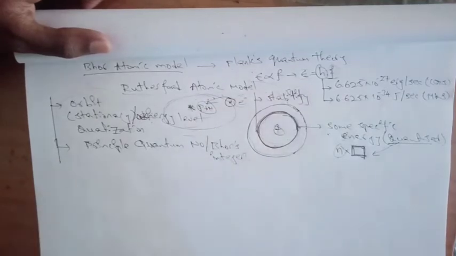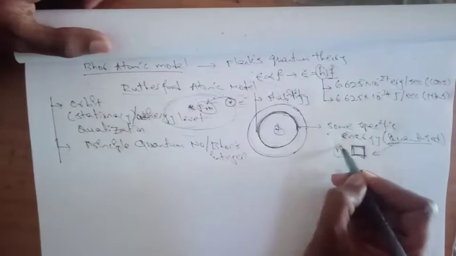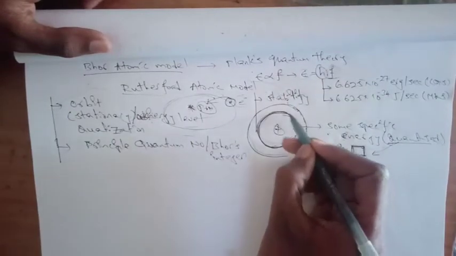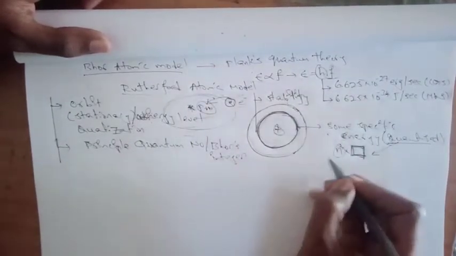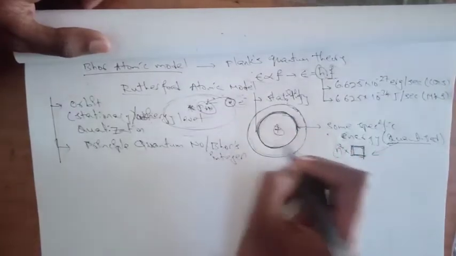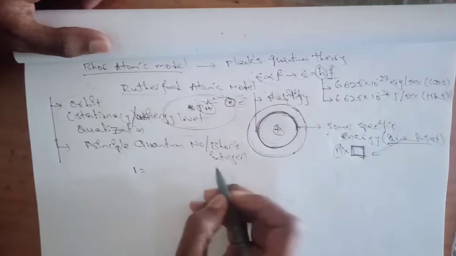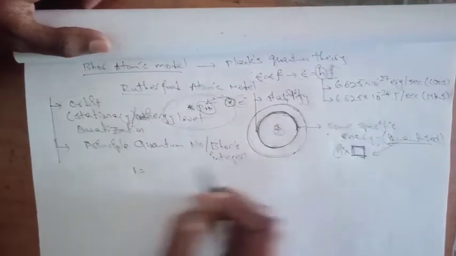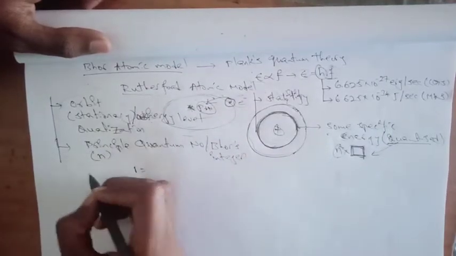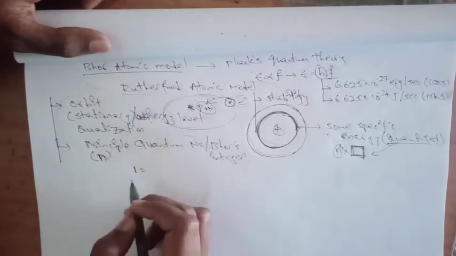The principal quantum number is denoted by small n.